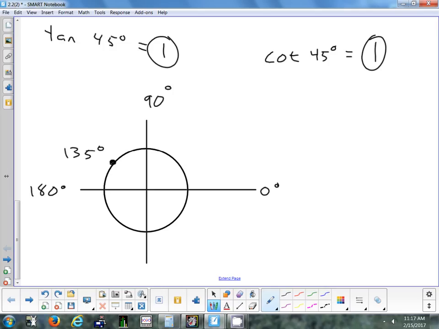Okay, so 45 is over here. 135, it's basically flipped over on the other side. Here's your triangle for a 45-degree angle. Here's your triangle for 135. How do those triangles compare to each other? I mean, if I drew it perfect, it's not perfect, but there's a relationship between them.